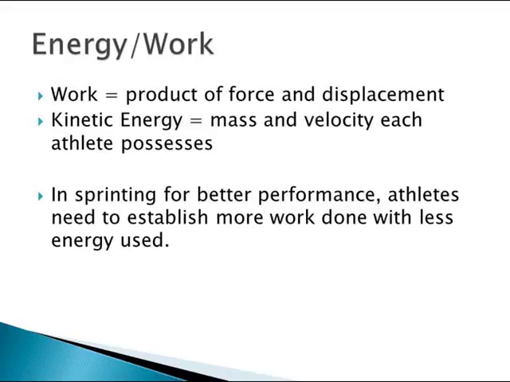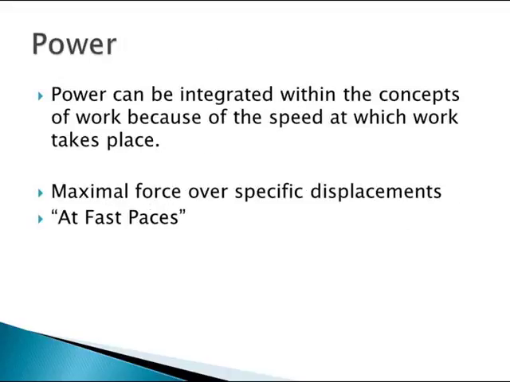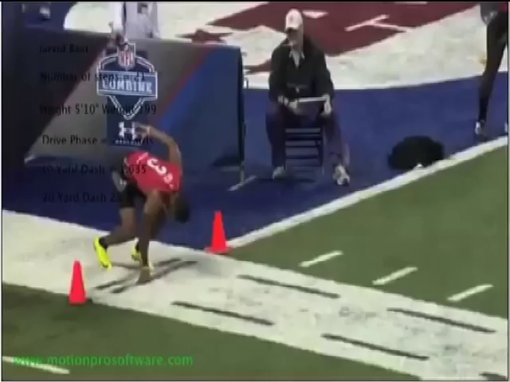These are key variables in sprint performance because the mass of the athlete and the ability to generate velocity creates a lot more power, and power can be generated within the concepts of work because of the speed at which work takes place. So overall, the maximal force that an athlete can exert will give you faster sprinting.